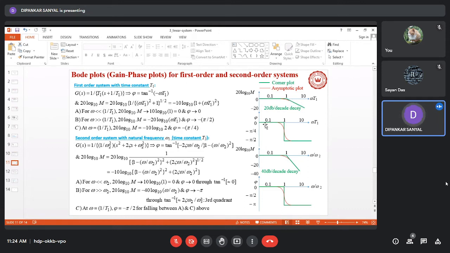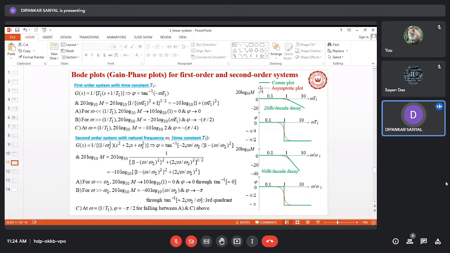Similarly, for the phase plot, initially we have a similar variation, and finally we also have the variation close to the corner plot, and in between we go from 0 through minus pi by 4 at 1 by T1, and then minus pi by 2 here.